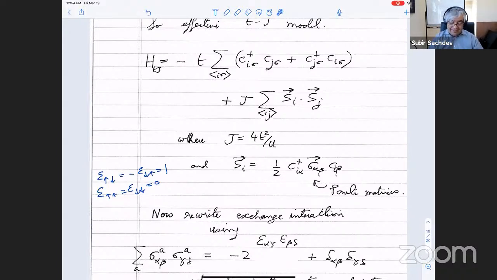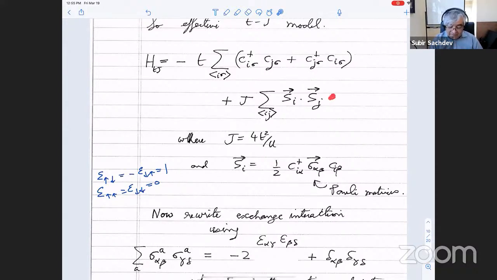There are a lot of reasons and methods by which people can justify this calculation, but right now I have not justified it. So in the end, I'm just taking free electrons with some sort of attractive interaction. For the case of the BCS theory, we just took a very long range but very weak attraction of some strength U naught.